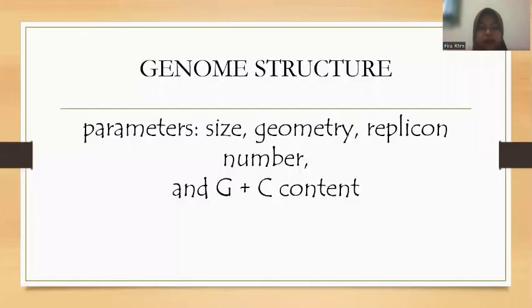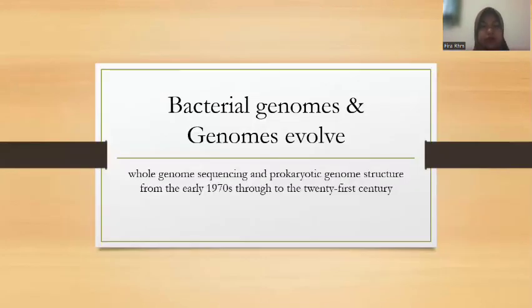From the early 1970s through to the 21st century, rapid advances in the technology associated with DNA sequencing mean that obtaining the complete DNA sequence for a bacterial genome went from being very challenging to relatively simple, at least for certain genomes.